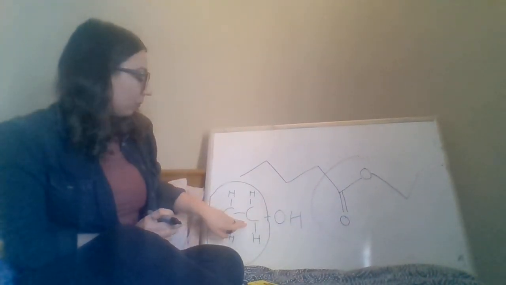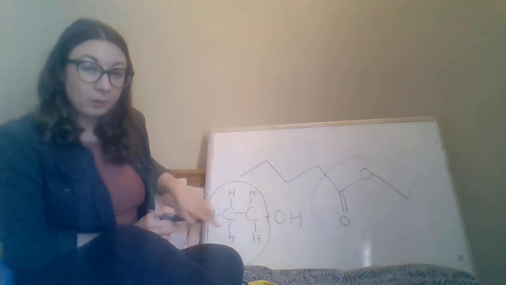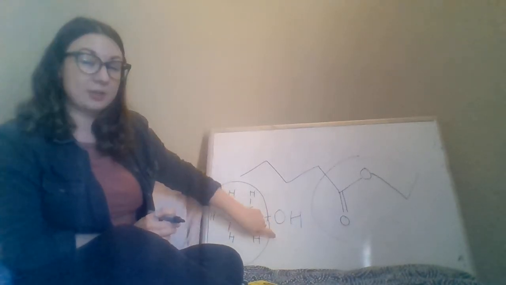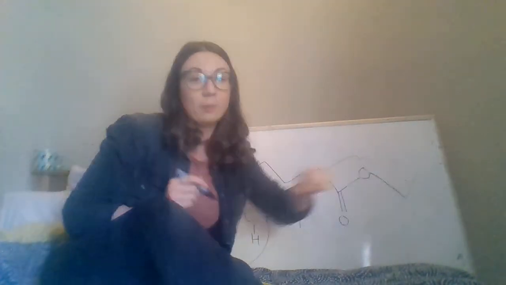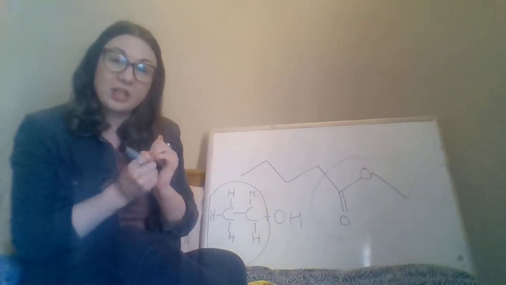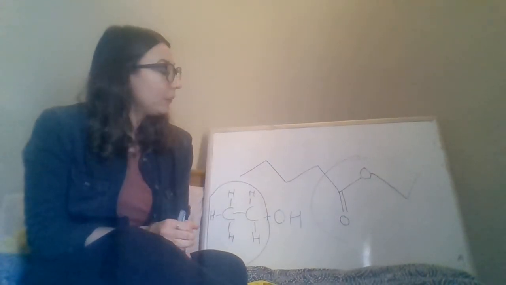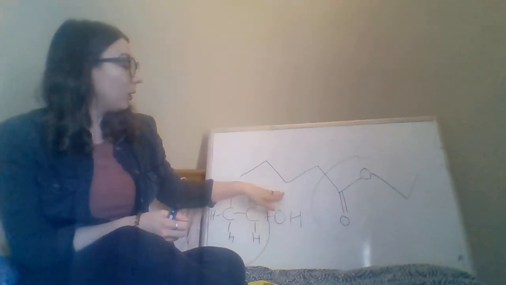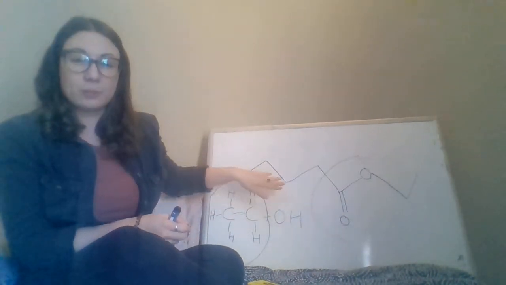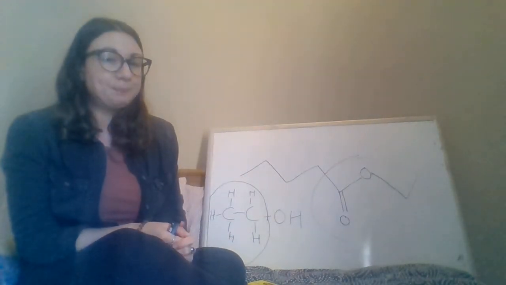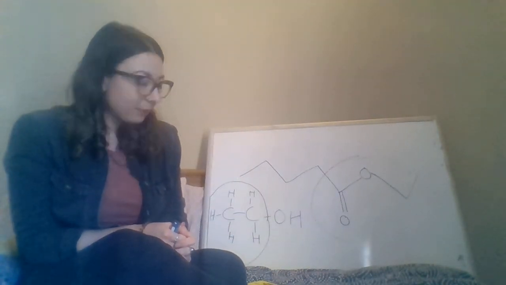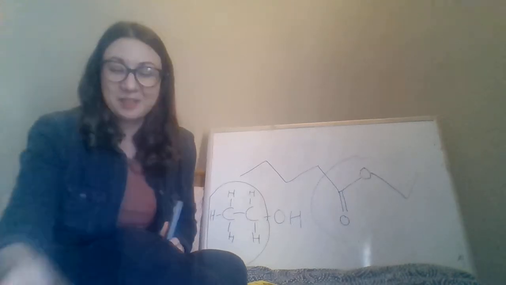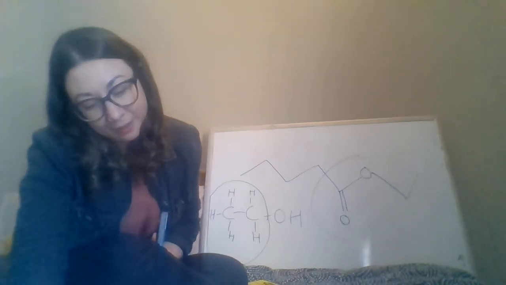If I used propanol, which is carbon, carbon, carbon with the alcohol attached, I would get another carbon over here. So on your worksheet where it says reagents, you will specify which alcohol you're using, and that in turn will affect quite what ester product you get. All right, so that's the esterification bit.